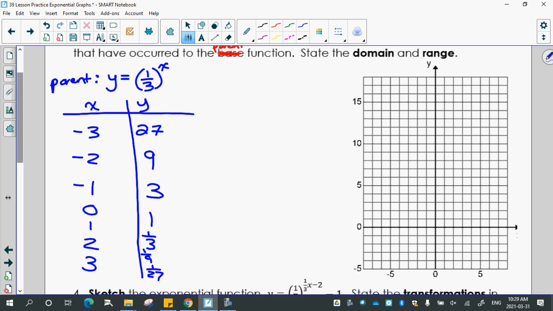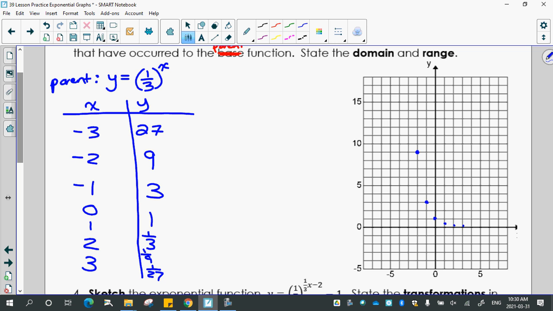All right, so now we've got to plug those on. So negative 3 and 27 doesn't fit on my graph. Negative 2 and 9 does. Negative 1 and 3 does. 0 and 1 does. 1 and 1/3 makes sense, and then they just get lower and lower.